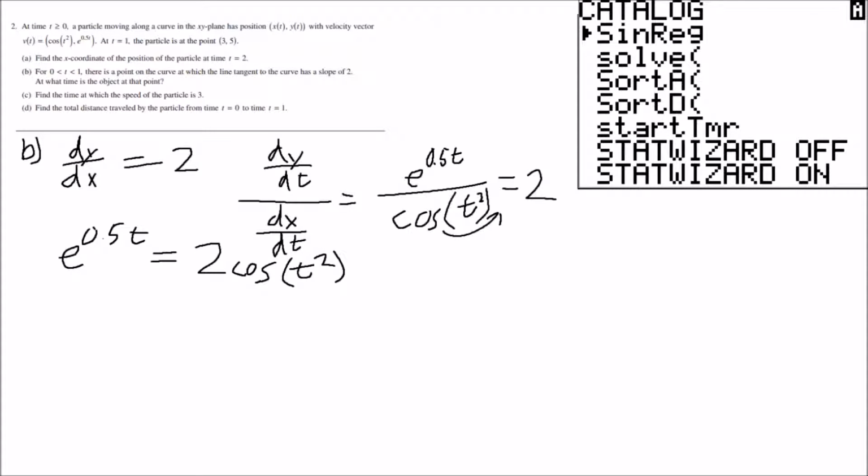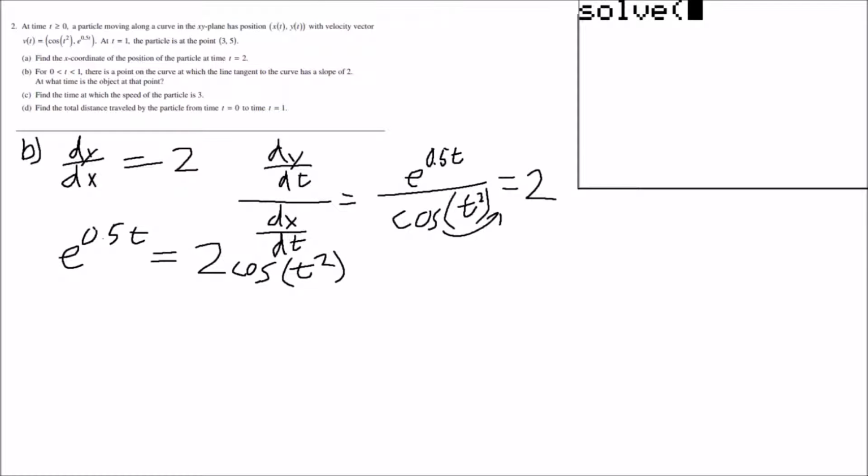and then type your equation that is equal to 0. So to do that, you want to subtract one side from the other side: 2 cosine x squared minus e to the 0.5 x, and that's just that part.